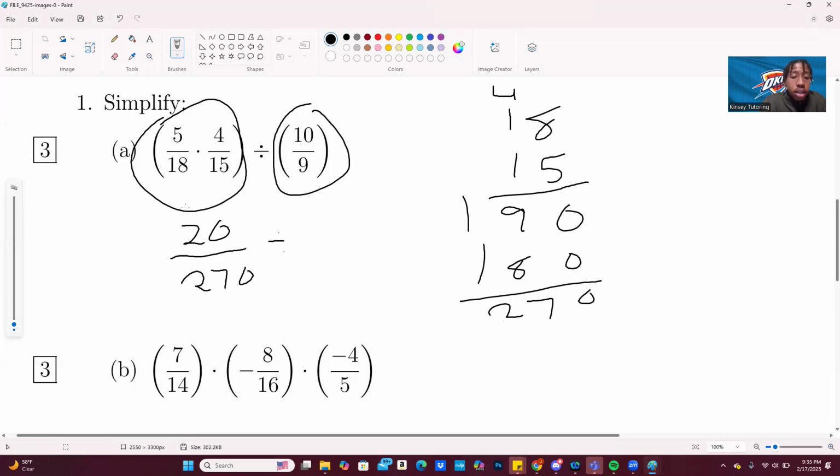divided by 10 over 9, which means with dividing fractions, you're going to keep, change, and flip. So times 9 over 10, excuse me.